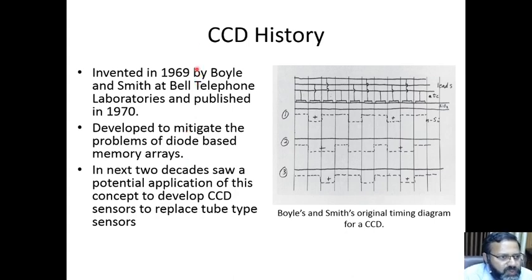So Boyle and Smith developed the CCD imager in 1969, which had this kind of schematic, the clocking scheme required for reading the CCD. Even now, the modern day CCD uses the same scheme.